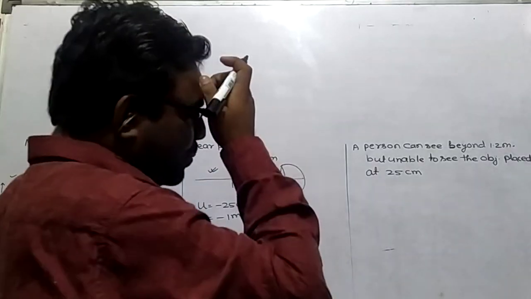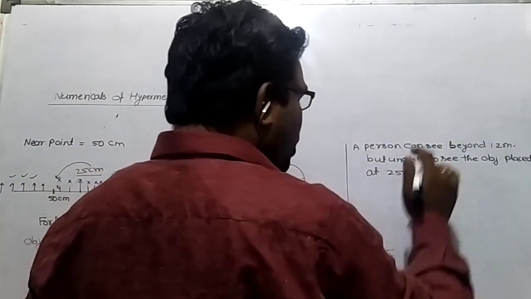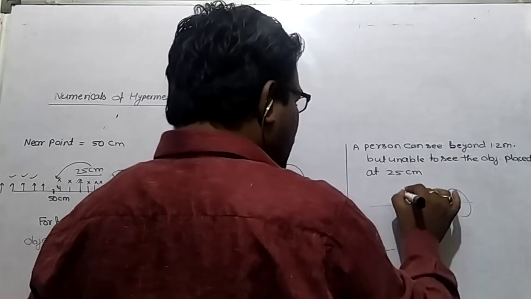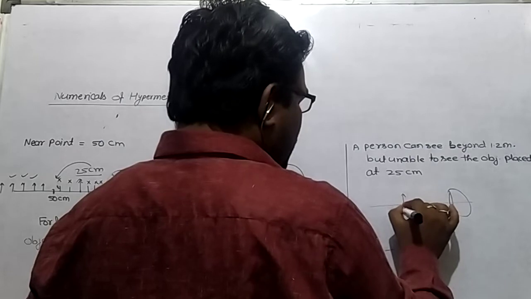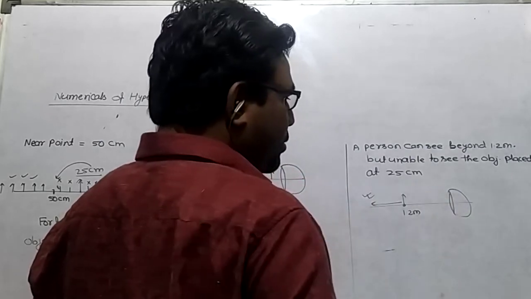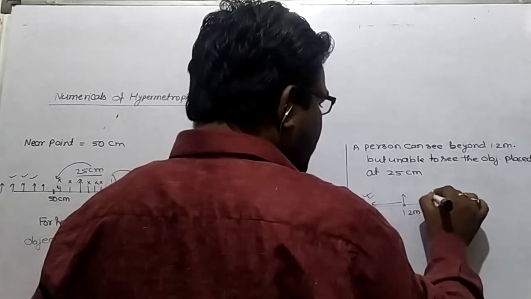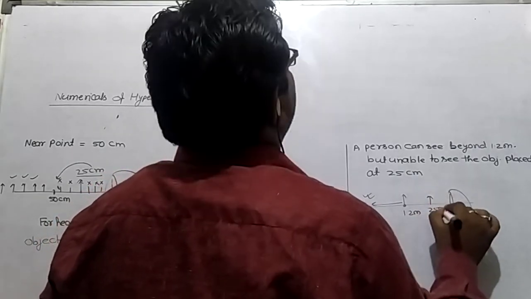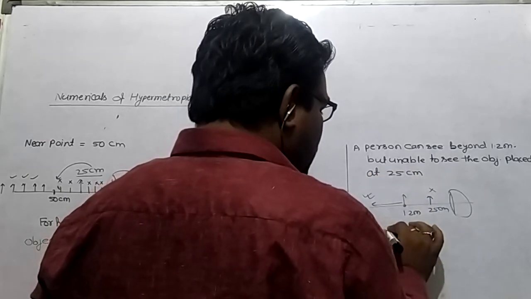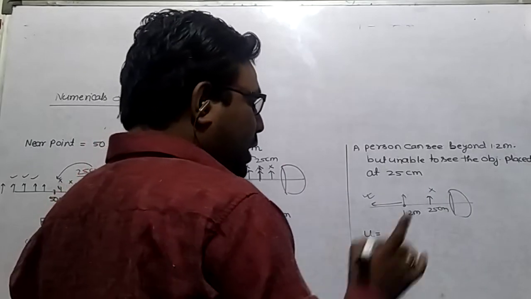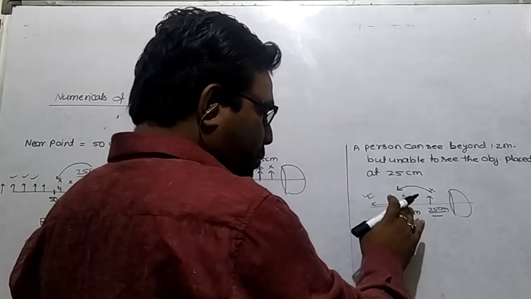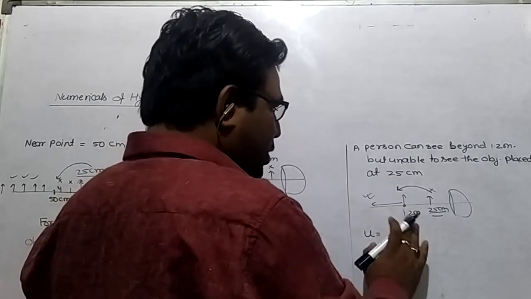Now in this question, beta, a person can see beyond 1.2 meter very clearly. When the object is placed at 1.2 meter, beyond this distance he can see. But when the object is placed at 25 centimeter, this value is given, it is not seen. So we want to see the image of this object at 1.2 meter, because from there it is clear, beta, na?